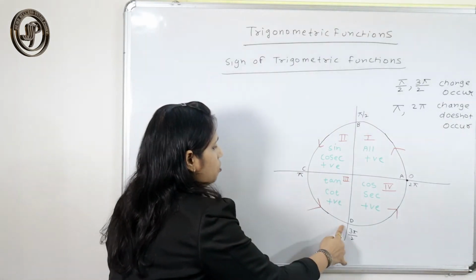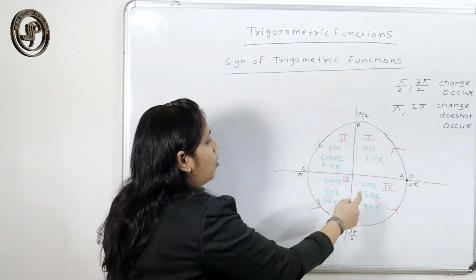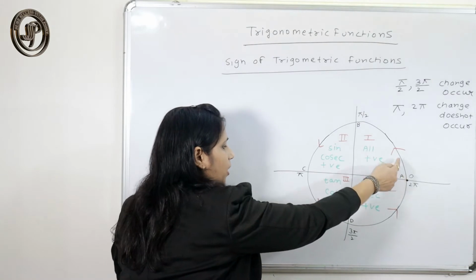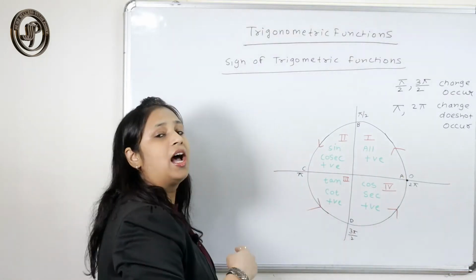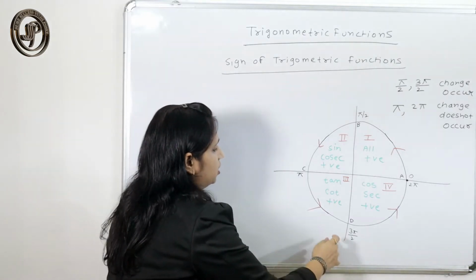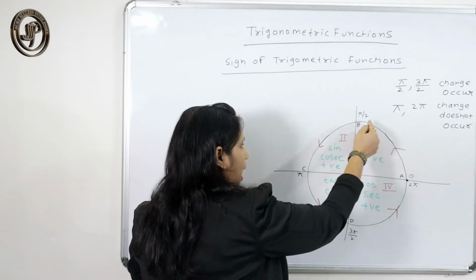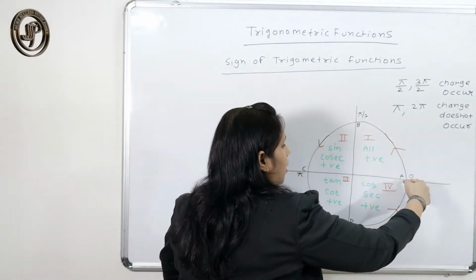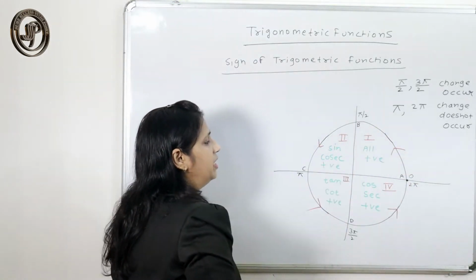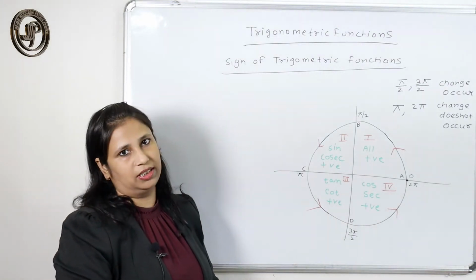So C to D, its angle is 90 degrees. If I travel from A directly to D, I cover an angle of 270 degrees. And if I start from A and come back to the initial point again, I make an angle of 2 pi or 360 degrees.